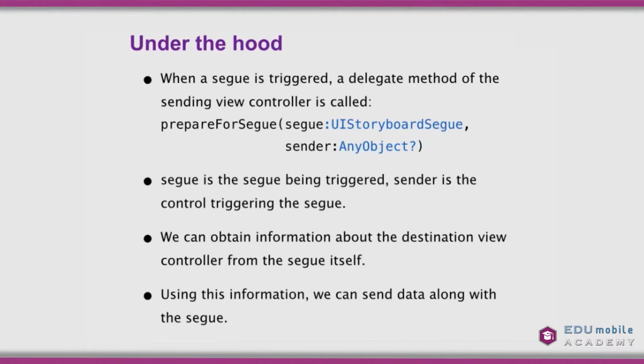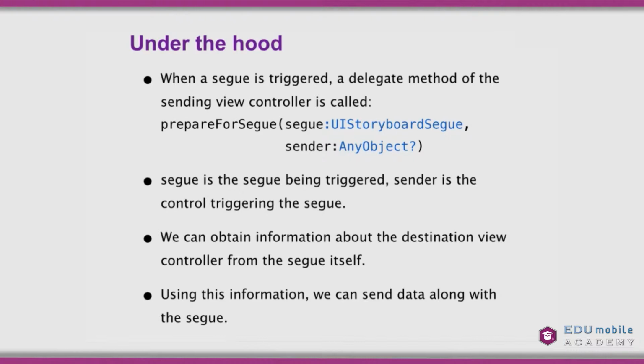So here we go. Under the hood, when we trigger a segue, there's a delegate method being called, and that delegate method is on the view controller that we're sending the segue from, and it's called prepare for segue. It has two arguments: a segue, which is of type UIStoryboardSegue, and a sender, which is an optional Any object.